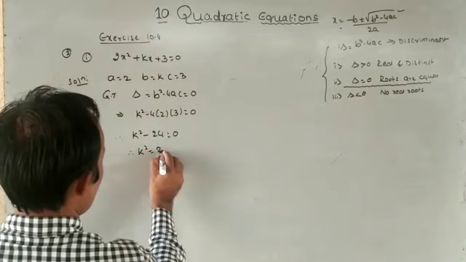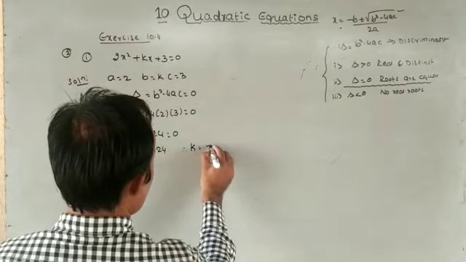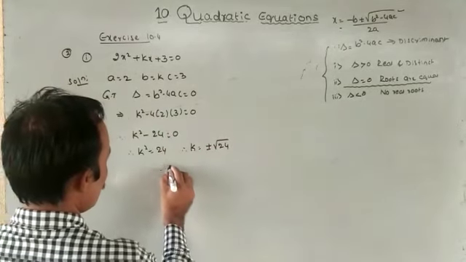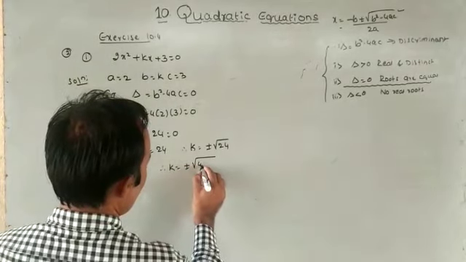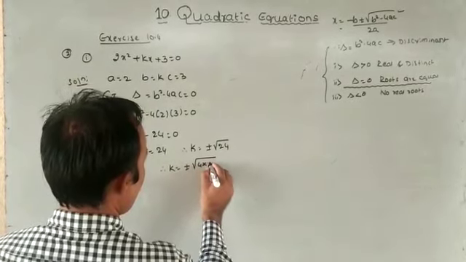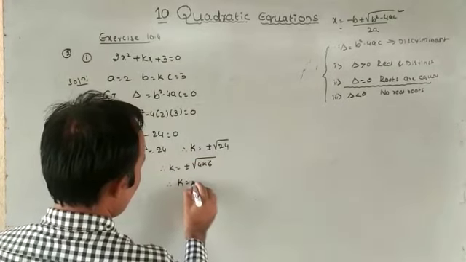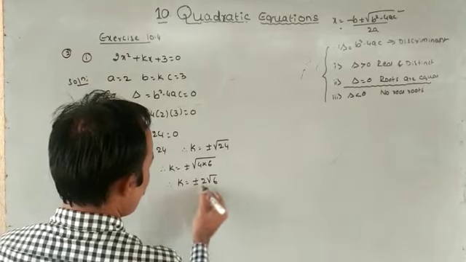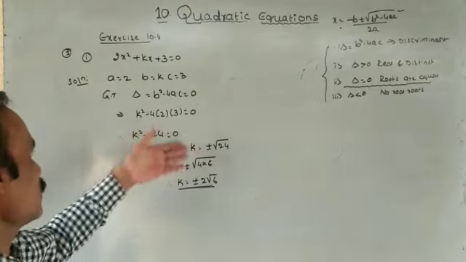Therefore k square is equal to plus 24. Therefore k is equal to, compulsorily you have to take, plus or minus root of 24. As a square root is there, 24 is the product of a perfect square and a number, 4 into 6. Therefore the value of k is equal to plus or minus 2 root 6. Yes, this is the final answer. Very simple, you will easily get 2 marks.